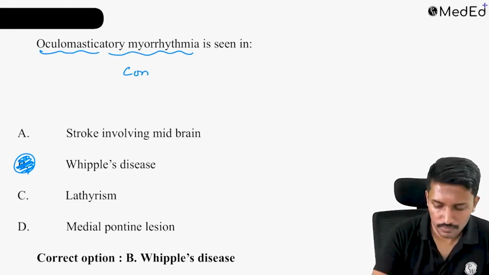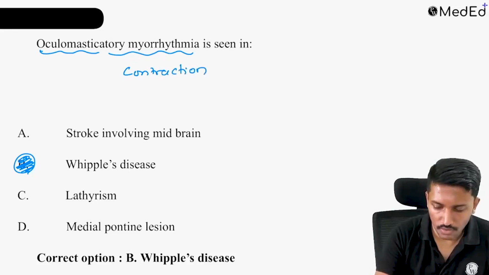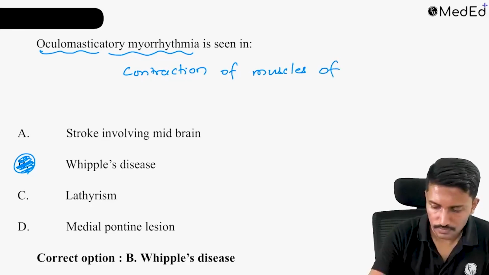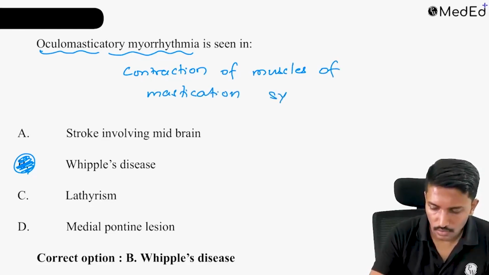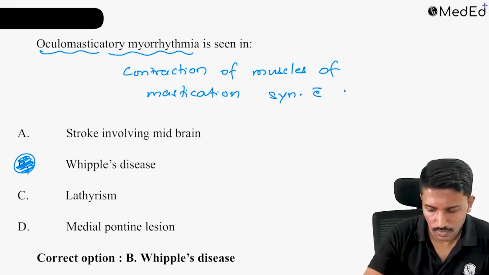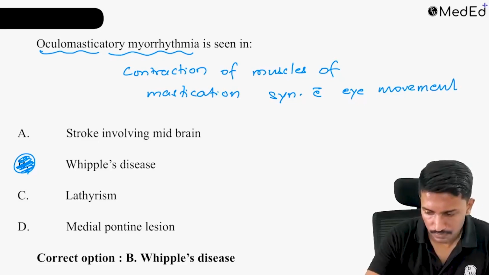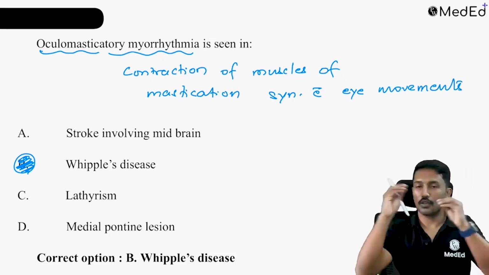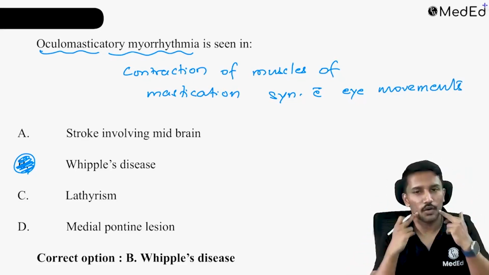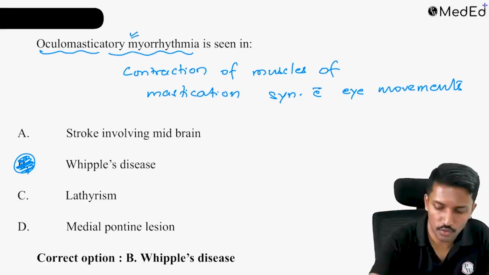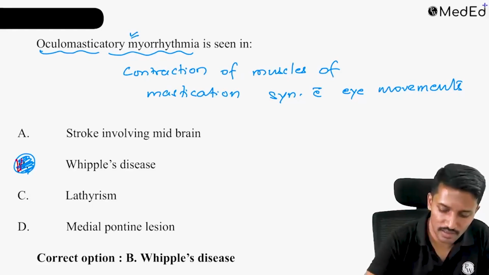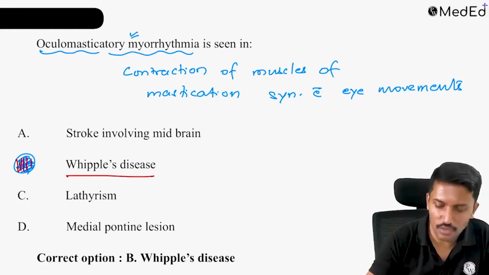There is contraction of muscles of mastication synchronized with eye movements. Whenever patients are blinking or making eye movements, synchronized with that, there is also contraction of the muscles of mastication. This is what we call oculomasticatory myorrhythmia, and it is highly specific and diagnostic of Whipple disease.